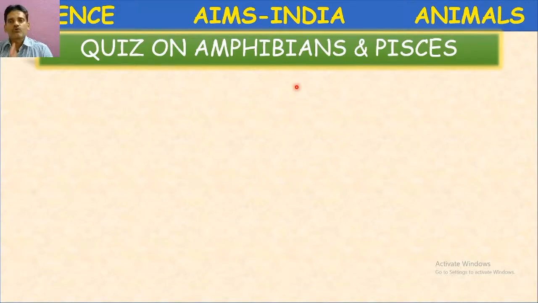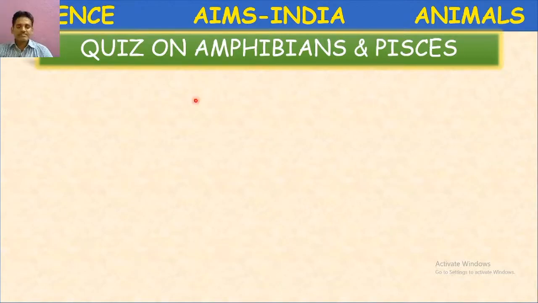There are two types of amphibians, tailed amphibians and tailless amphibians. Tailed amphibians, salamander; without tail, frogs. Fishes are also two types: cartilaginous fishes and bony fishes. Cartilaginous fishes, one example, tell children: shark. Then bony fish, carps.